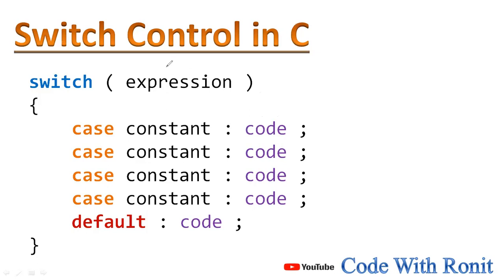Okay. Suppose if there is 1 and this is 1, then this statement will be executed. So in the switch statement, first the expression is taken, then it is matched with each case.